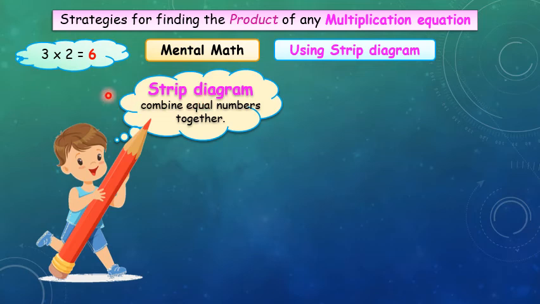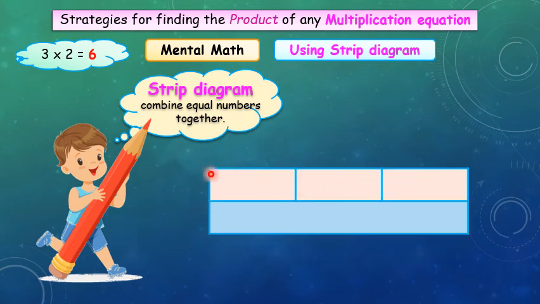In a strip diagram, it will be 3 parts, each part is 2. Like this. In our strip diagram, we divide it into 3 parts. Then each part will have how many? 2 only. 3 by 2 means 3 parts. In each part we have 2.